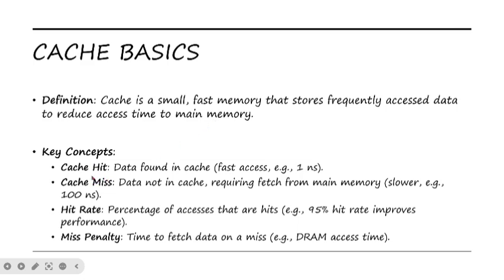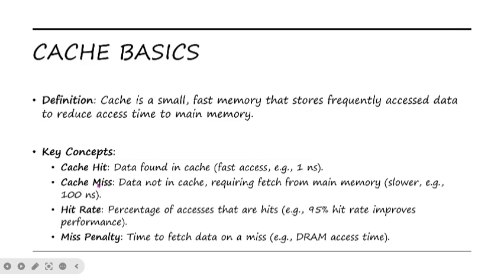We have the cache hit. With a cache hit, the data is found in the cache, and it's very fast. And then the cache miss: the data is not in the cache and must be fetched from slower main memory.